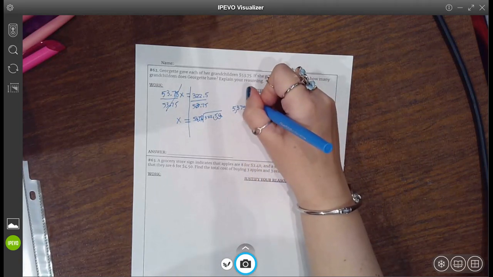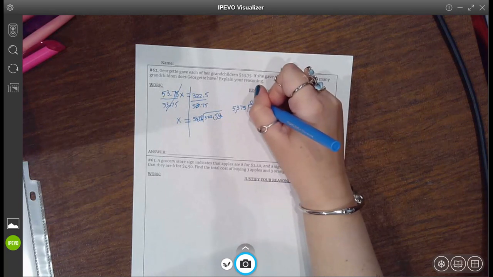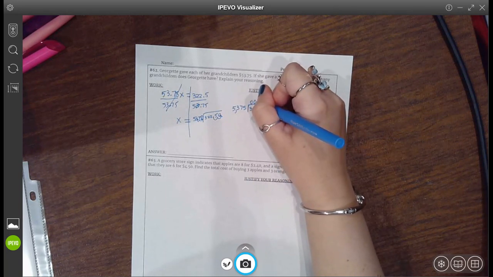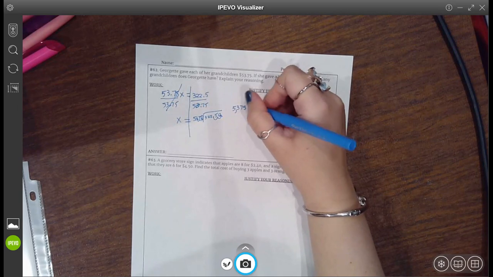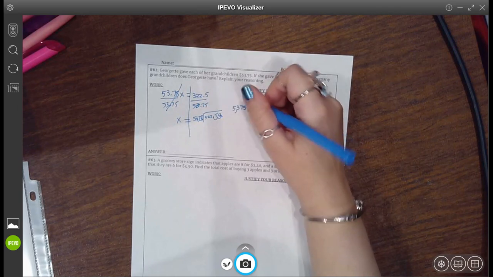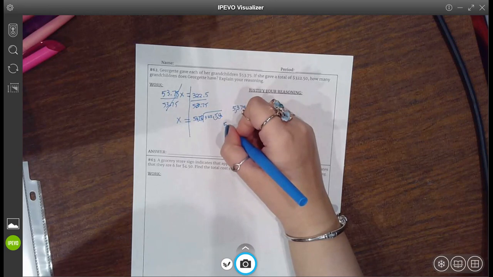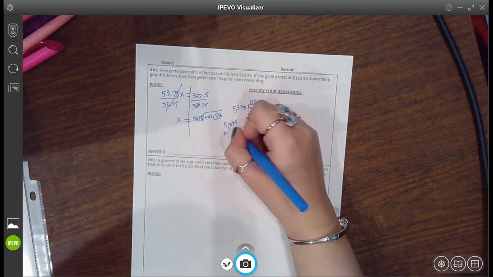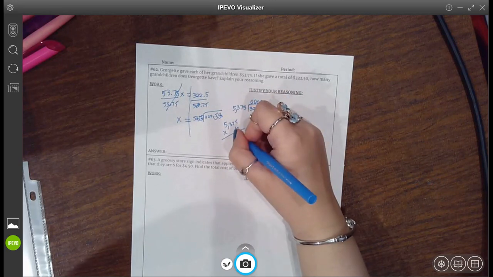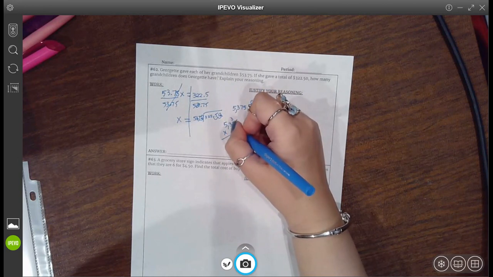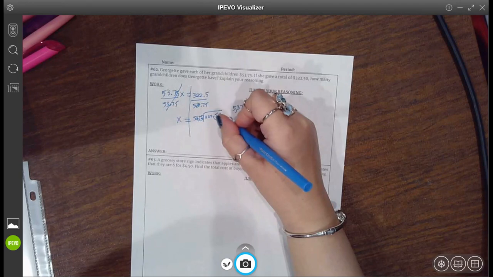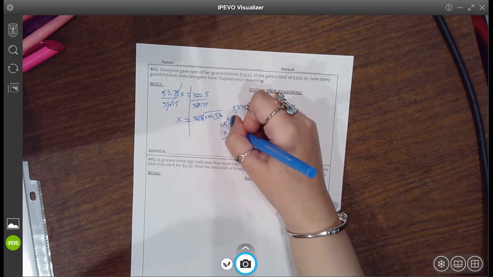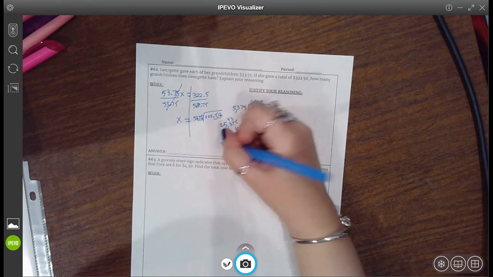5,000 cannot go into 332 or 322. It actually can't go into 3,000, but it can go into 32,000. Well, I know 5 goes into 32 about 6, so let's try 5,375 times 6. If it's too big, we'll try times 5. 42 plus 3 is 45. 18, 19, 20, 21, 22. 30 plus 2 is 32.